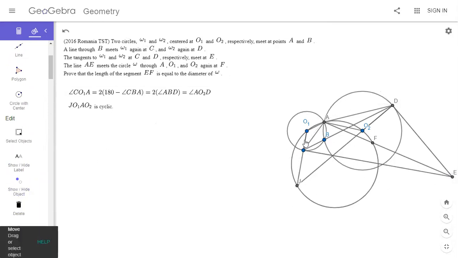So angle ECO1 has to be 90 degrees, right? So angle ECJ is 90 degrees and angle EDJ is 90 degrees for the same reason. So yeah, JCDE is obviously cyclic.